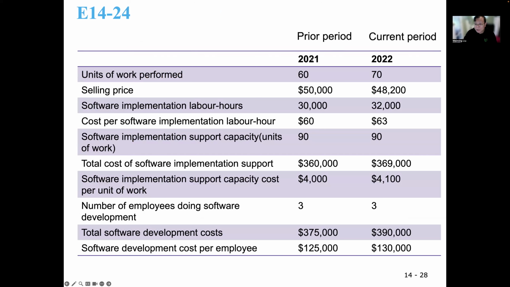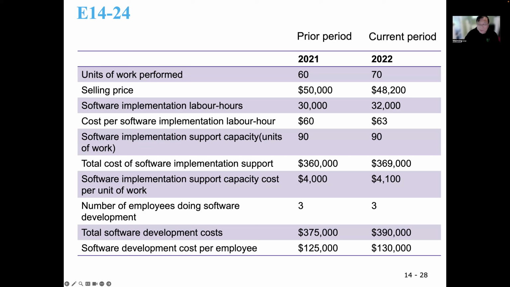So this is an example. We're comparing 2021 and 2022. 2021 is the prior period, 2022 is the current period. We can see units of work performed, 60 versus 70. Selling price decreased a little bit, from 50,000 to 48,200.